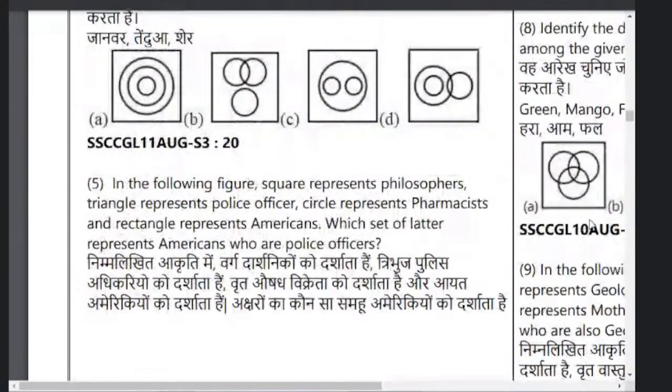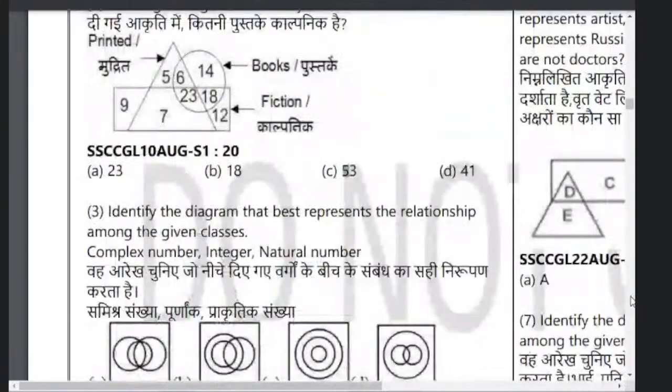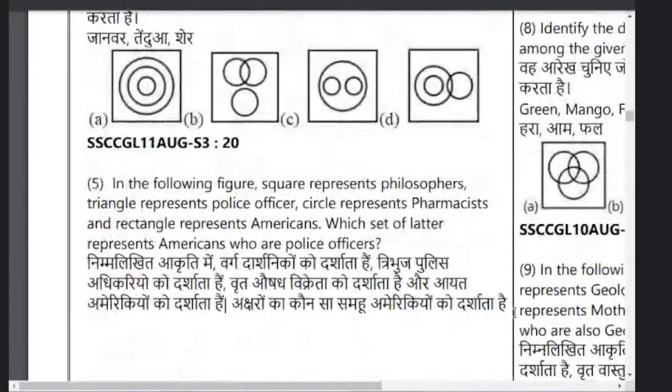In the fifth question, the given figure: square represents the philosopher, triangle represents the police officer, circle represents the pharmaceutics, and rectangle represents the Americans.